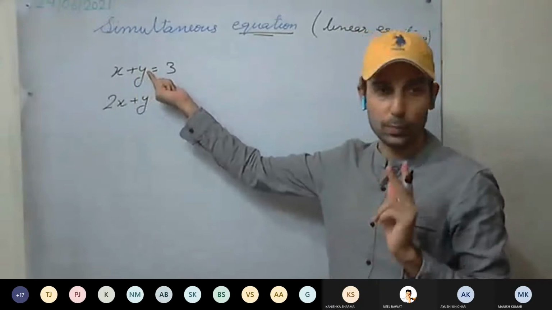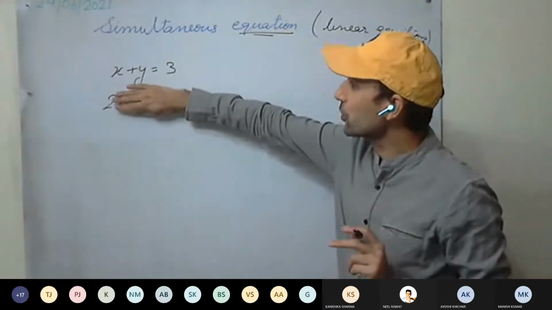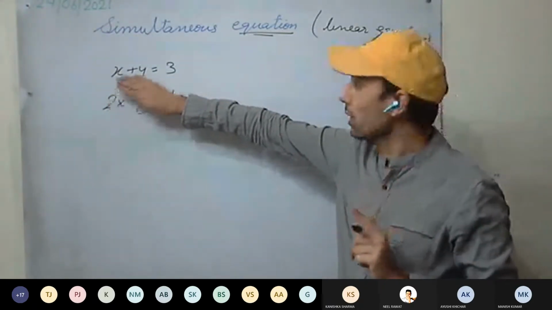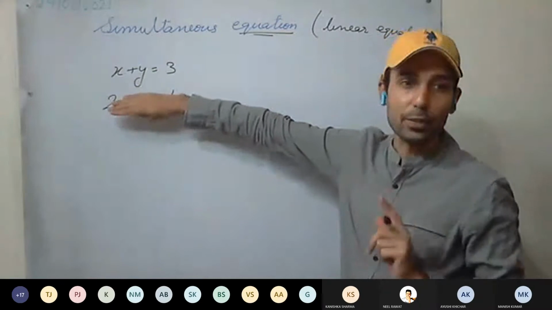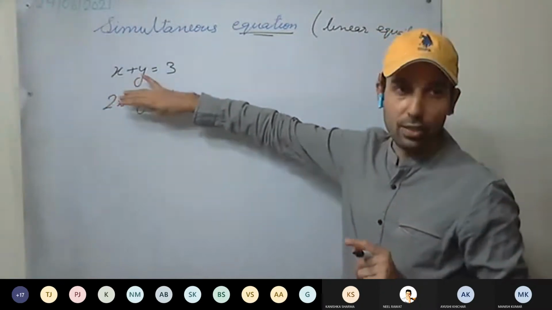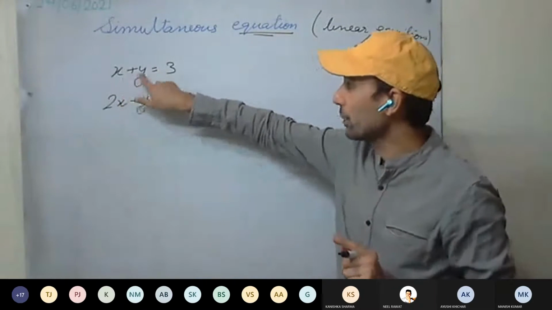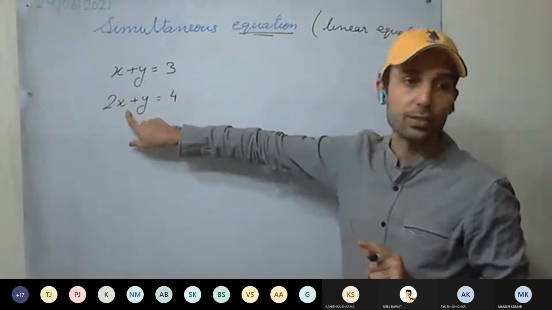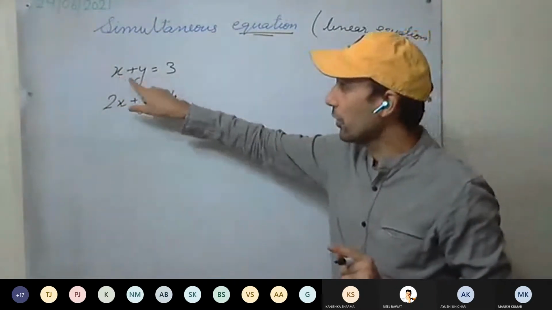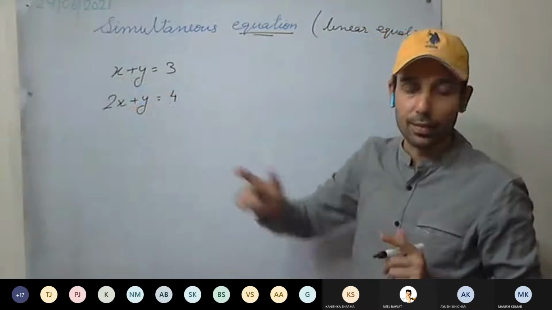How many variables do we have? 2. So using just one equation, we won't be able to find the values of x and y. How many equations do we require minimum? For two variables, we require two equations to find the values of x and y. This is clear?